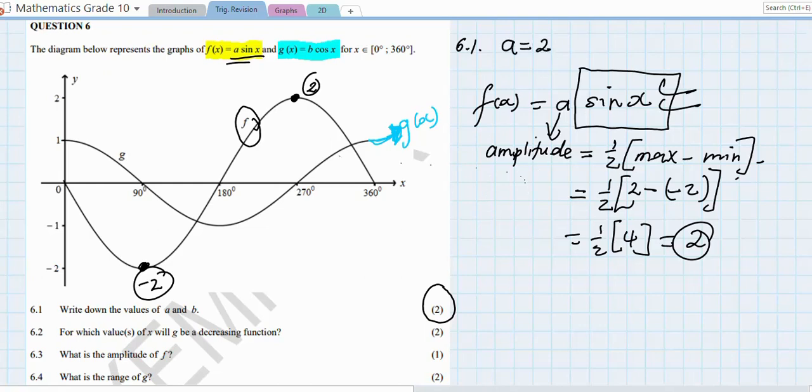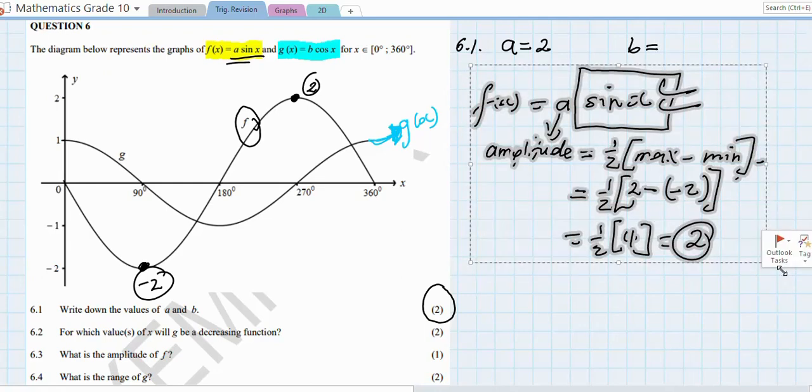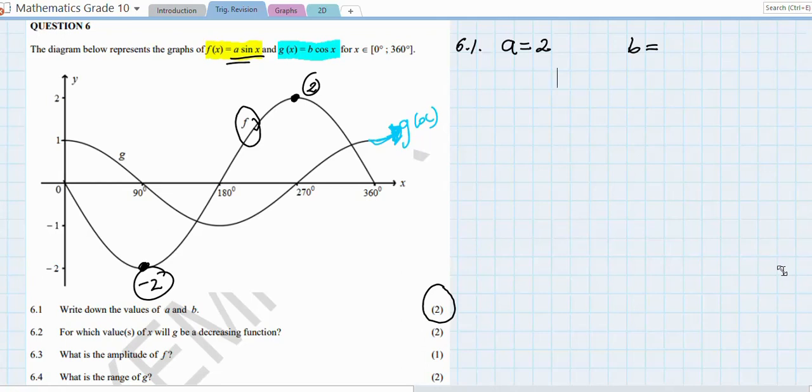Bear in mind again, guys, the coefficient of a represents the amplitude at all times. Now let's move on. Now we are looking for b. Now when we are talking about b, just like the sine graph, b is the coefficient of the cosine graph. So here I have the cosine, which is g of x is equal to b cos x.